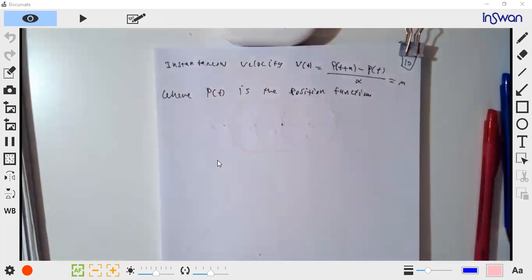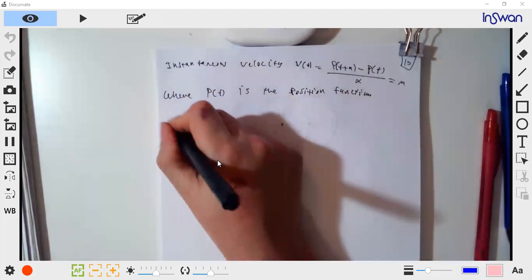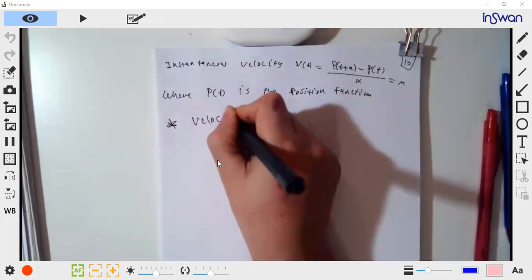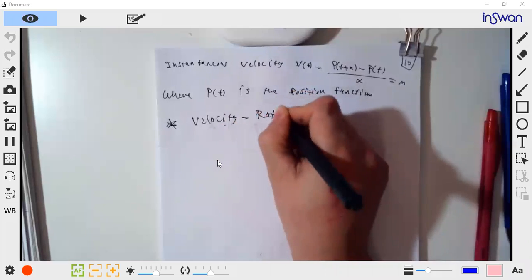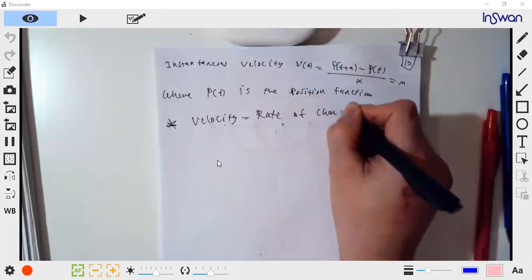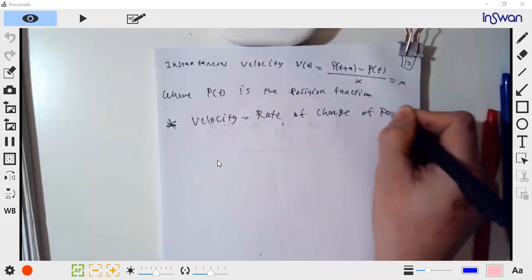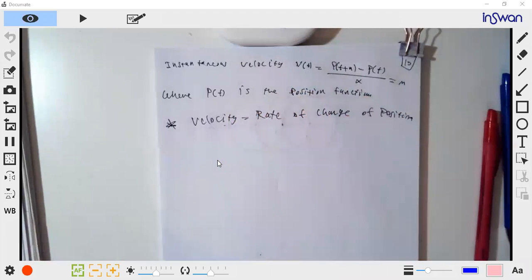So v of t is a slope. It's an equation that for every input of time, it outputs the slope, which is the rate of change of the position, because velocity is the rate of change of position. Just like the fact that acceleration is the rate of change of velocity.